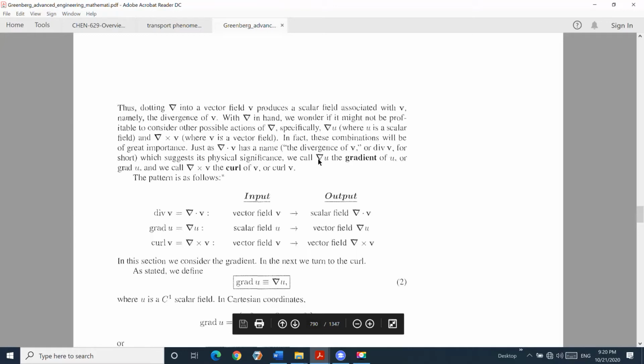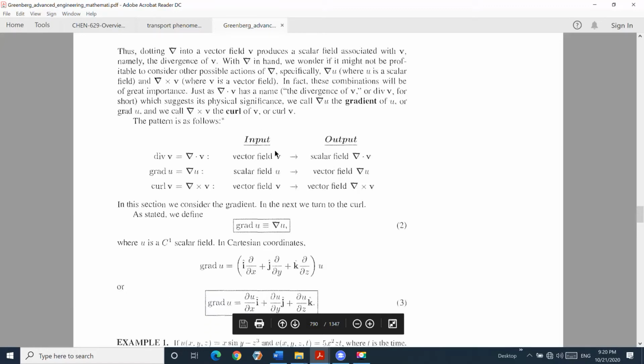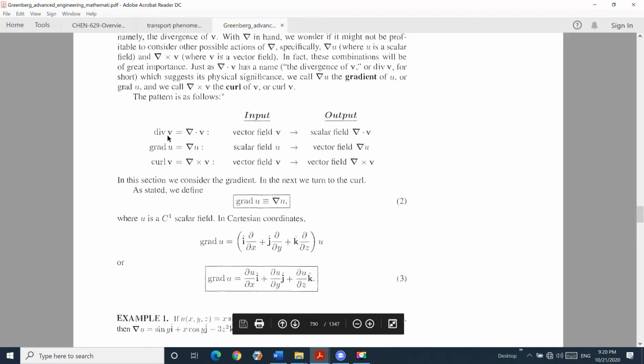We use the gradient of u, or grad u, and the del operator cross product with V is the curl of V. Now I just briefly introduce. The divergence of V, where V is the velocity on any vector field, we represent by this formula.